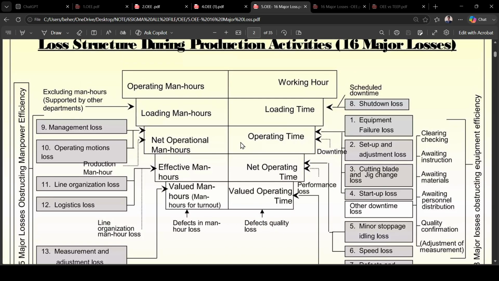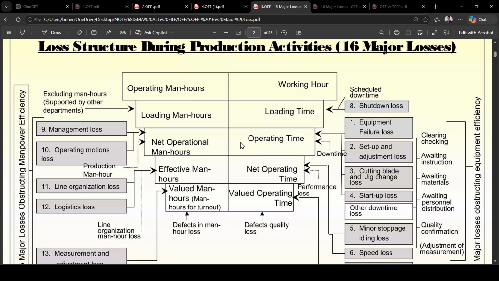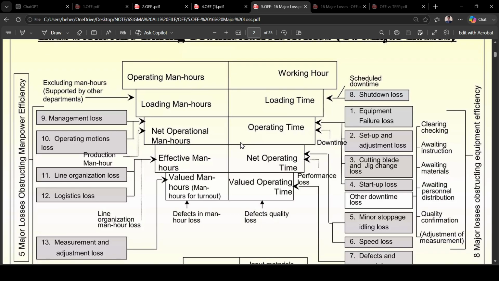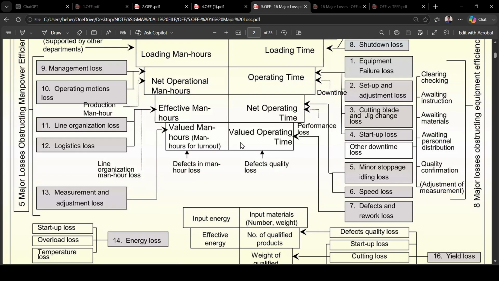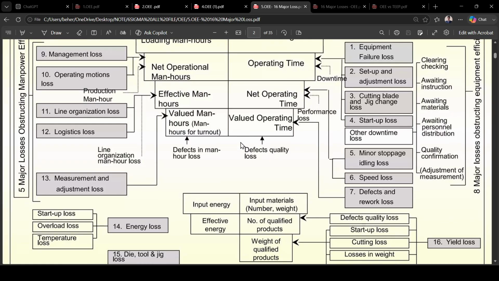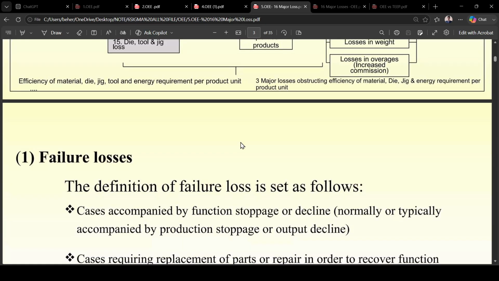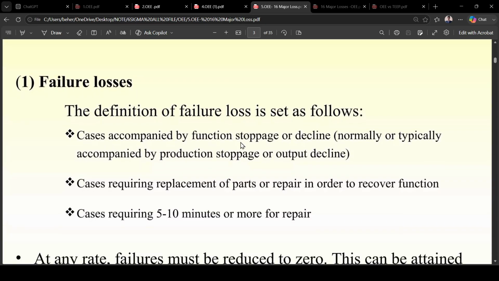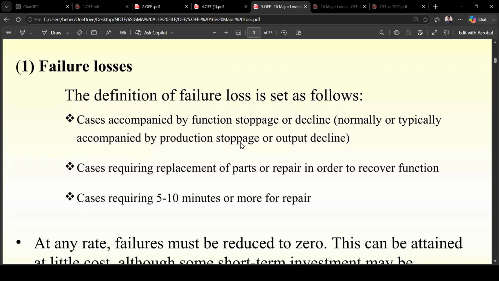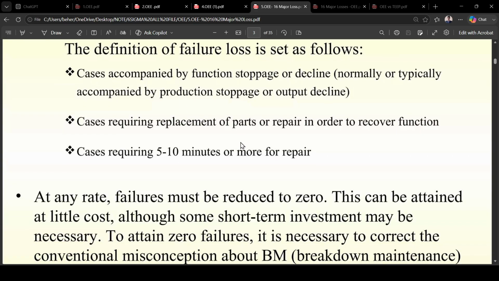So how to maintain this type of loss structure during production activities, and at which position the losses occur, he will explain one by one. See the image clearly and carefully. First is failure losses, how to fill these losses, and he will explain everything so you can understand failure losses.